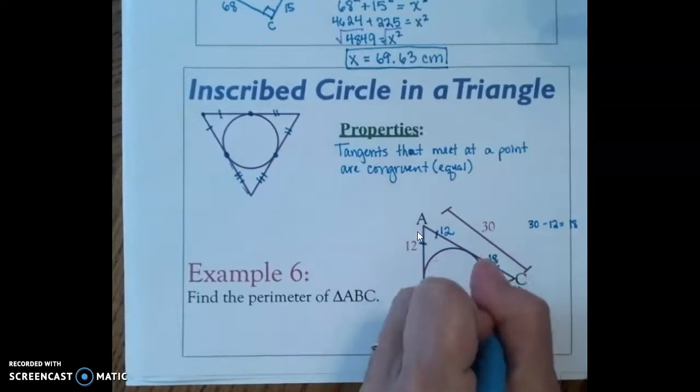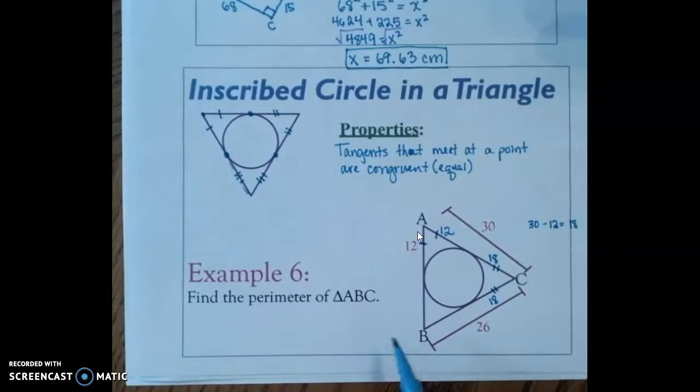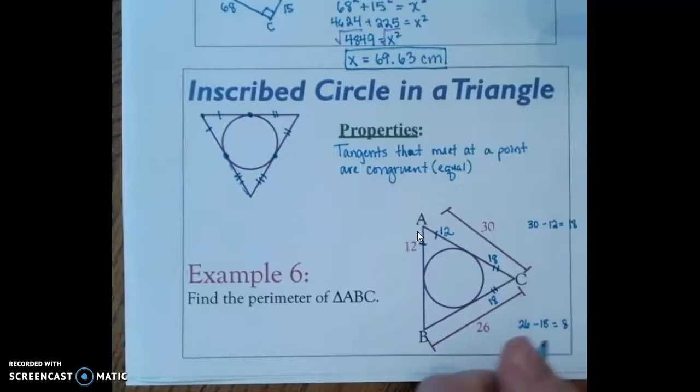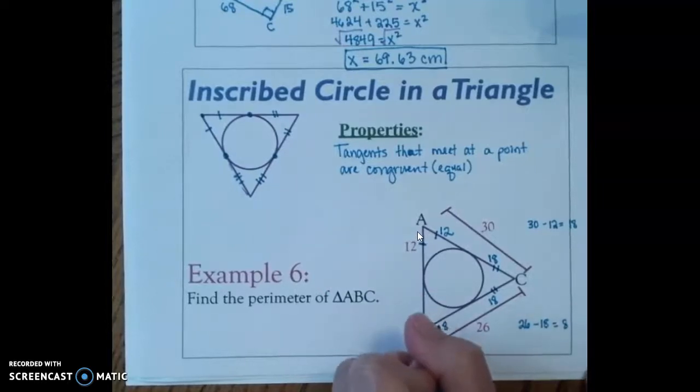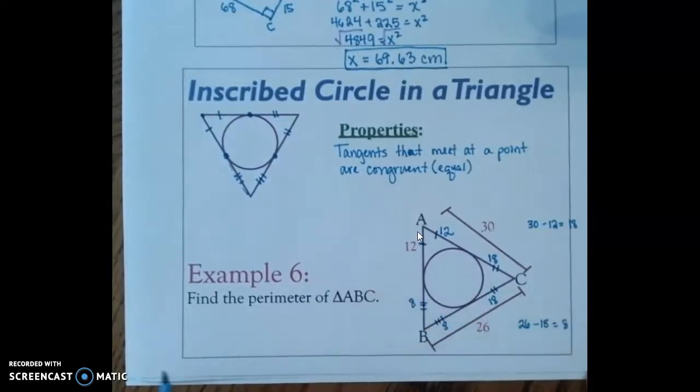These two are congruent, so I know that's 18. If this whole side is 26, and I know this much is 18, I'm going to do 26 minus 18 to give me 8 for this piece, which is also congruent to this side.